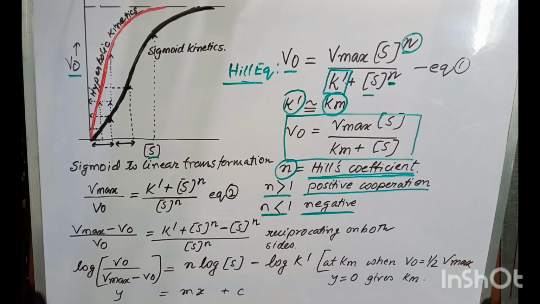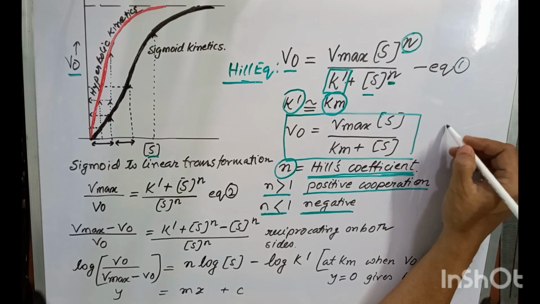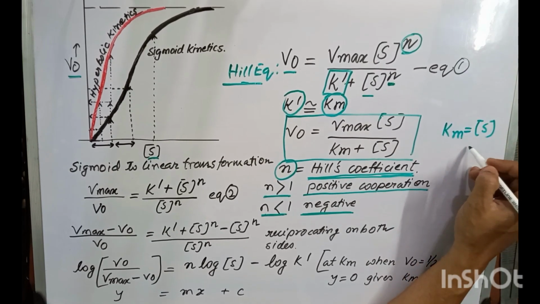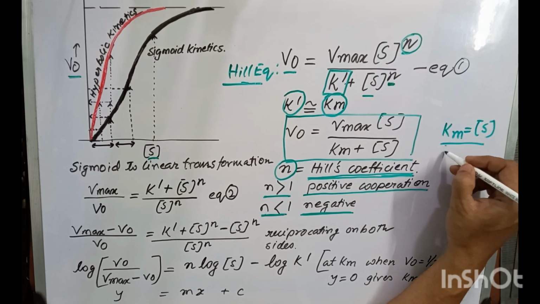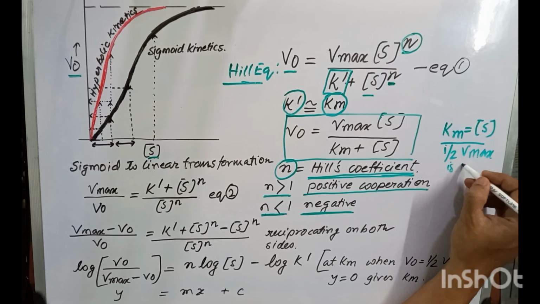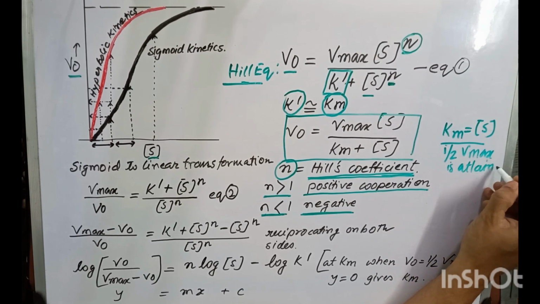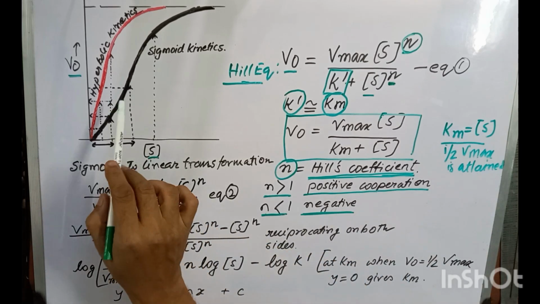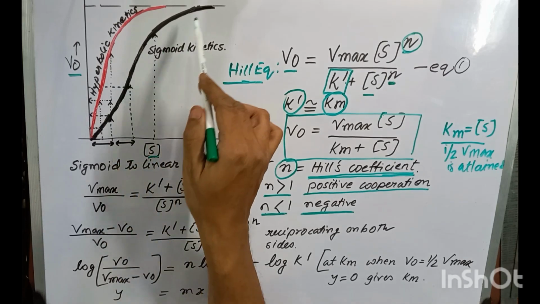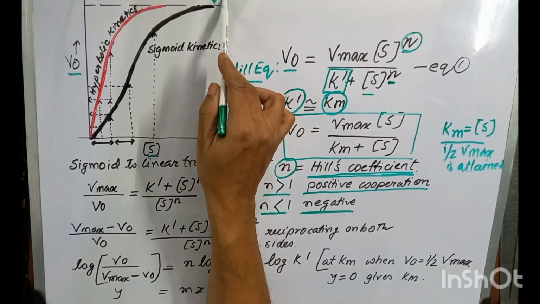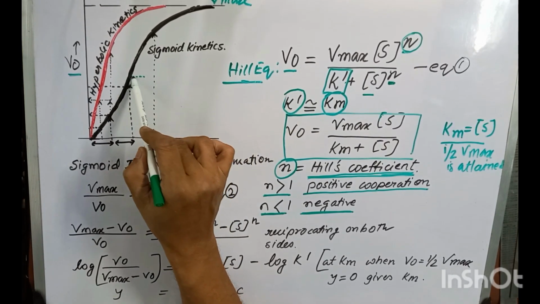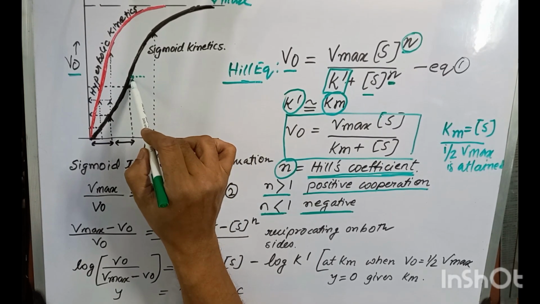We always know that Km is what? Km is the substrate concentration at which half of Vmax is attained. Say this is the Vmax, and this point is half of maximum velocity.